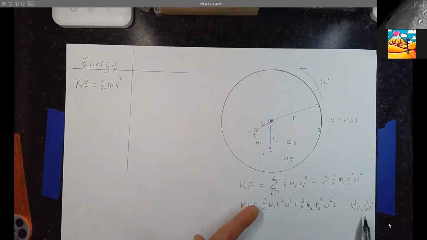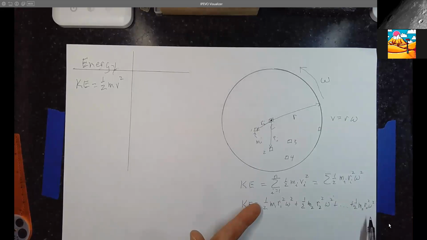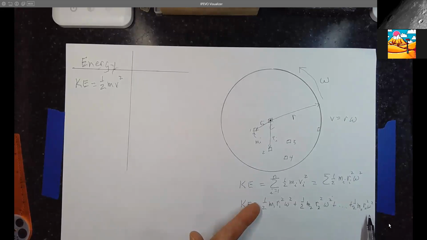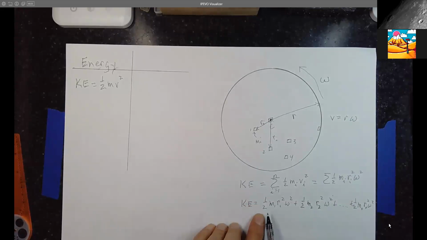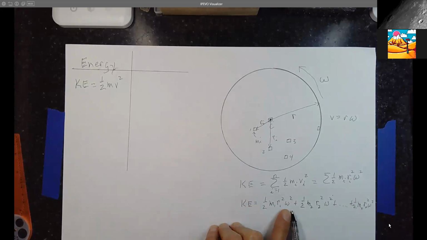So you're going to have n terms in this sum, where n is a really big number. But every one of those terms has a 1/2 in it, and it has an omega in it.